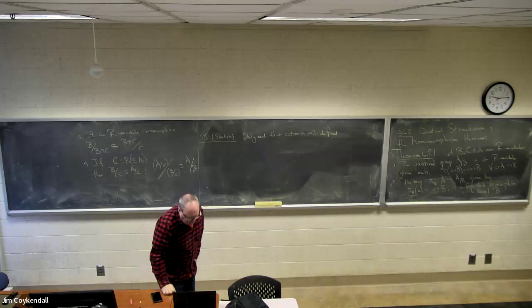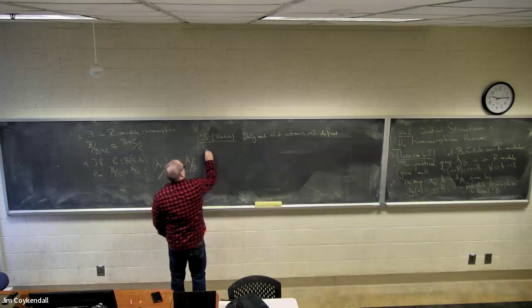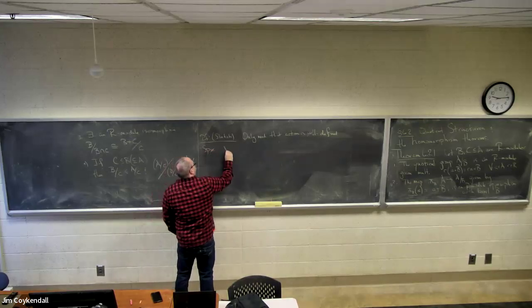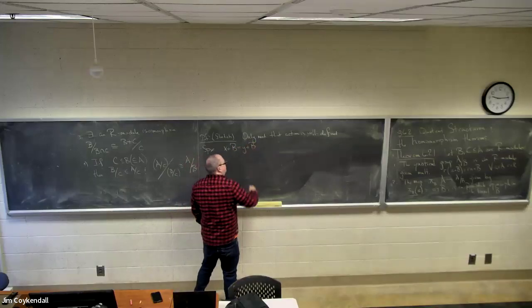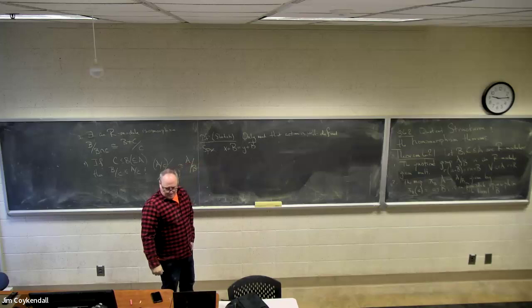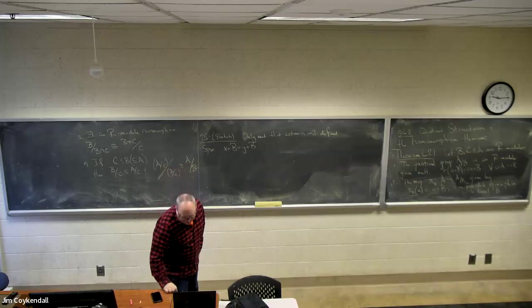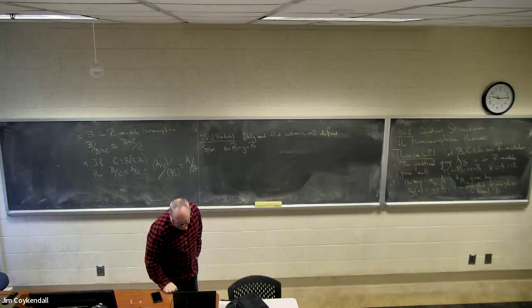Right. So suppose you have two different representatives, x and y, of the same coset.